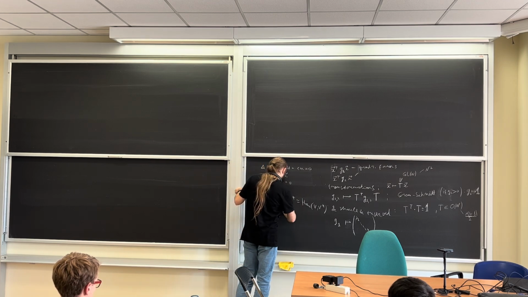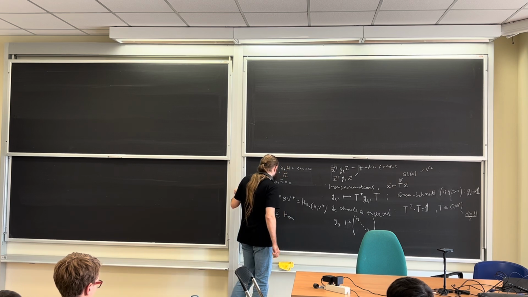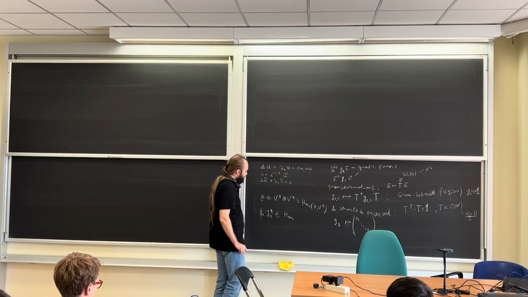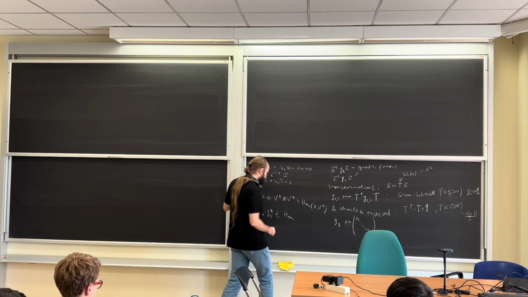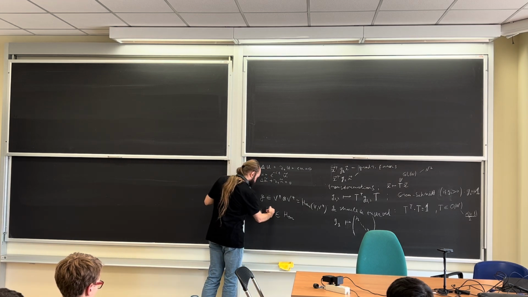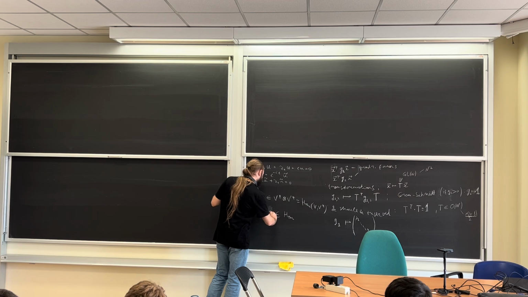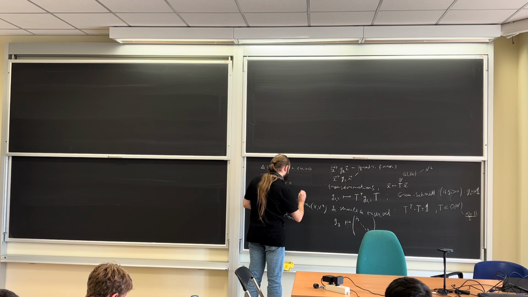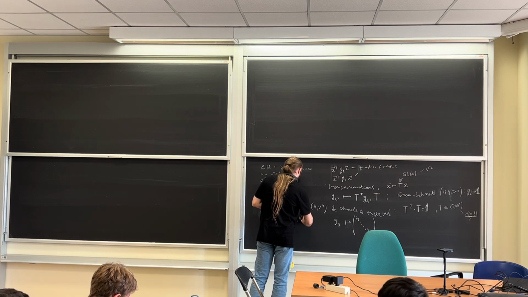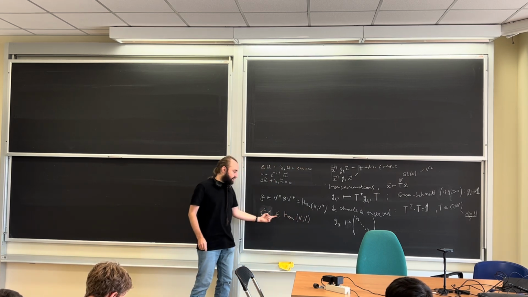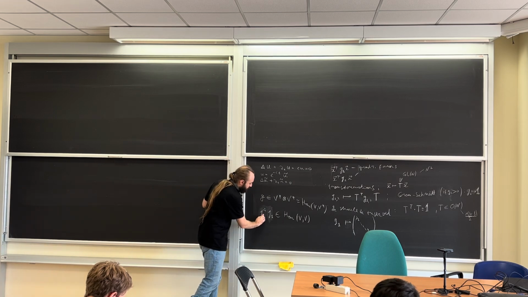Maybe, sorry, what is better, G2 inverse times G1 is an element of Hom from V to V. So it means that this ratio acts from the vector space to itself.